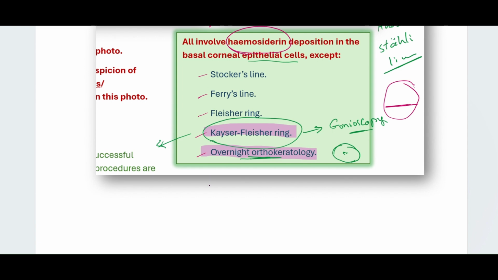So I can add, for example, Hudson-Stähli line, and I can add also Salzmann nodules.